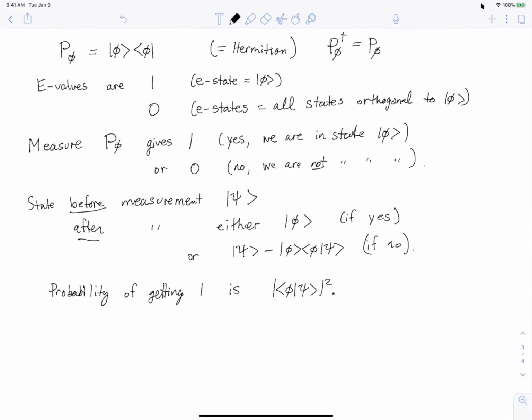And by the way, if you get no and you get this state, that's not going to be normalized yet. You have to normalize it yourself afterwards. But that's not hard to do. Okay, any questions on that?